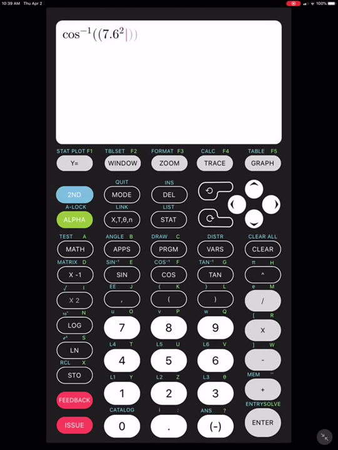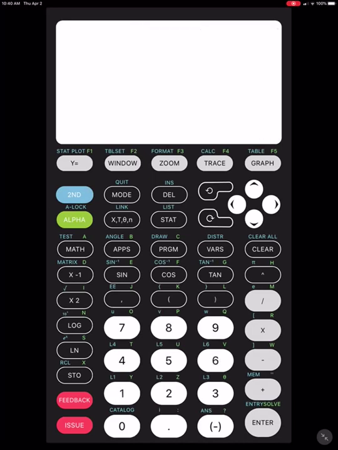That's 7.6 squared minus 13.7 squared, minus 16.8 squared. Close out the numerator. Divided by the denominator. Let's put in parentheses: negative 2 times 13.7 times 16.8.